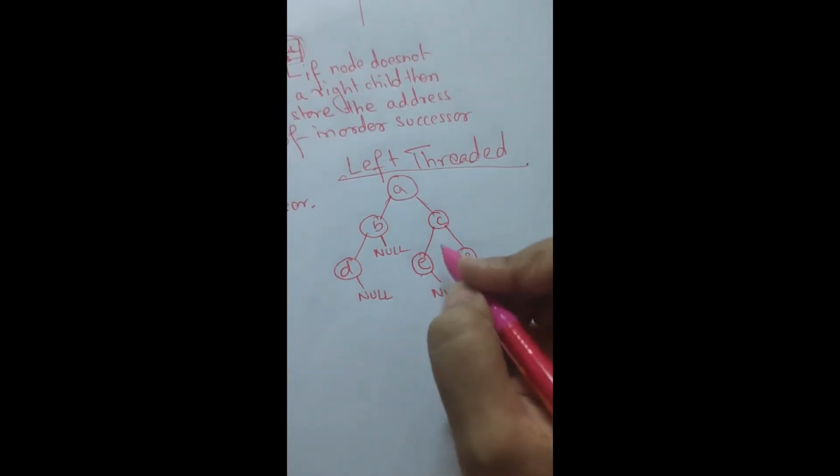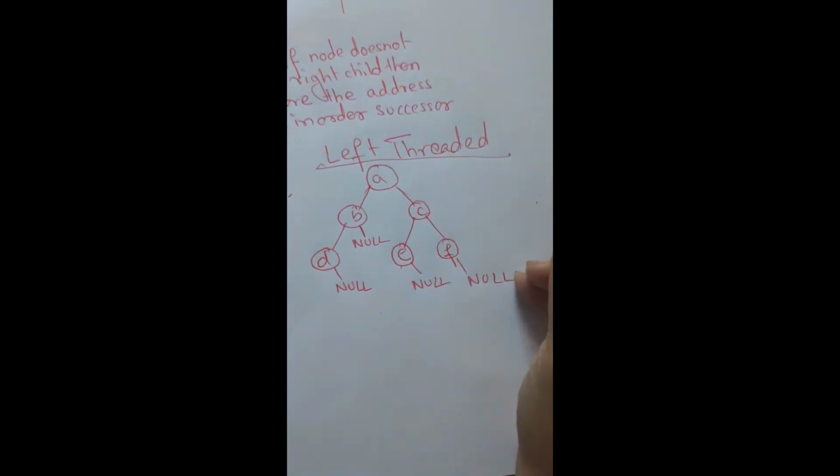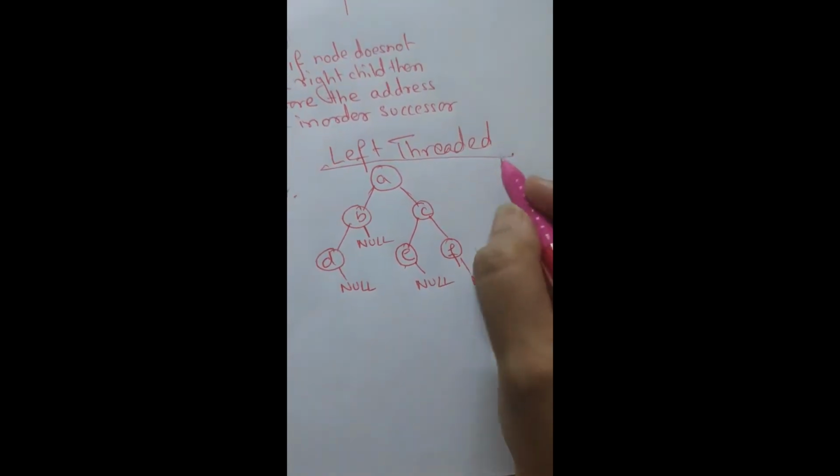Now let's see which is the in-order predecessor. Let's write down the in-order traversal of the tree.